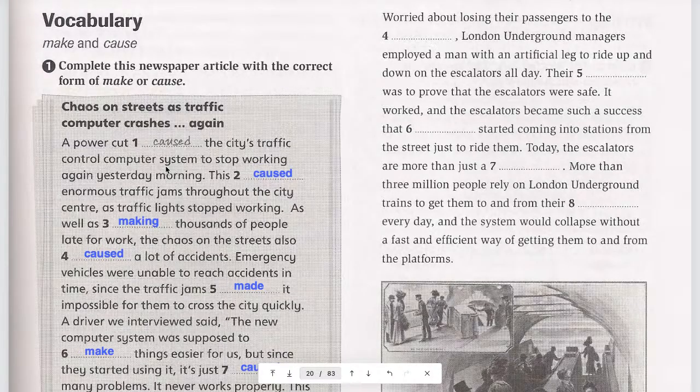Okay? Pronoun is something like them, us, him, her, something like that. So here, after the cause, you see the city's traffic control computer system. That is kind of a noun phrase. So of course we need to use caused and not made.